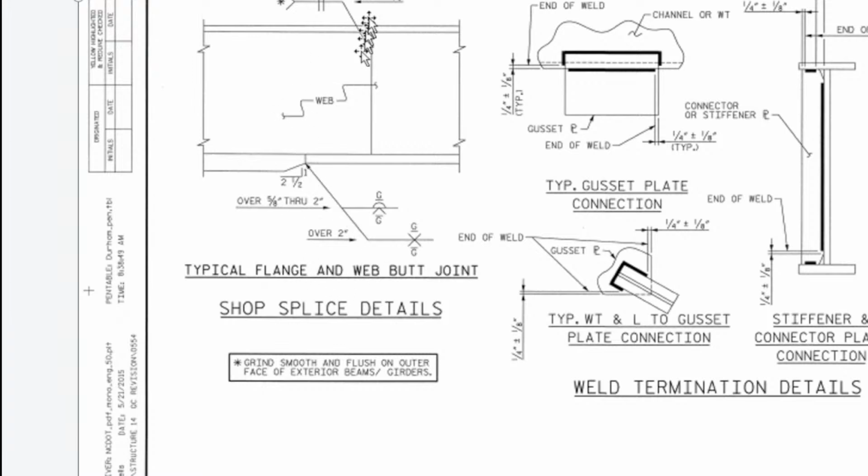So flange and web butt joint. Grind smooth and flush on outer face of exterior beams and girders. Grind smooth, so we need that process. Typical gusset plate connection like this. So it is so detailed.